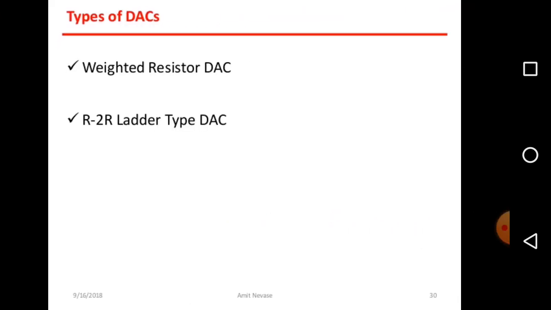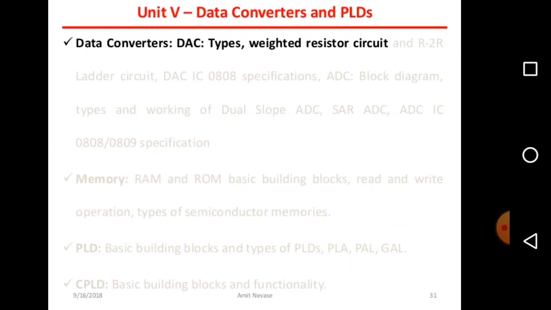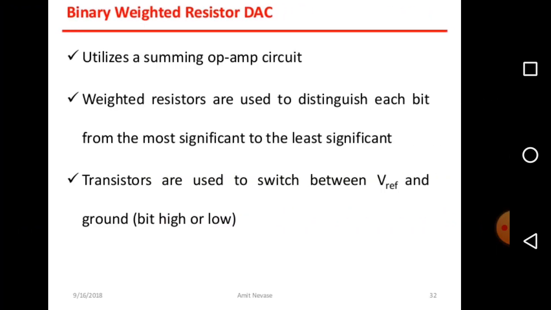Types of DACs: binary weighted register DAC or weighted register DAC, and R to 2R ladder type DAC. We will see binary weighted register DAC.